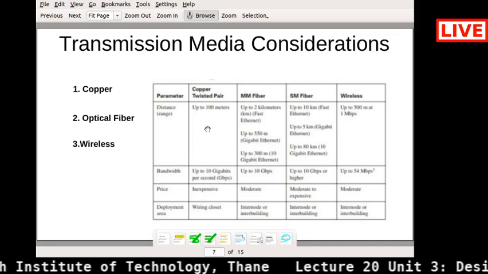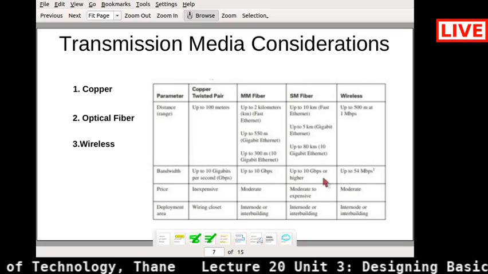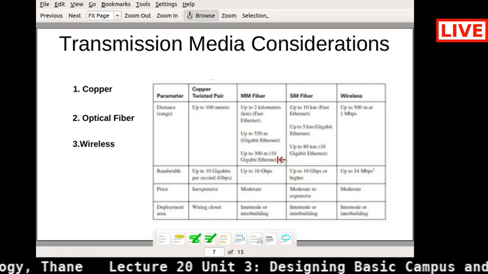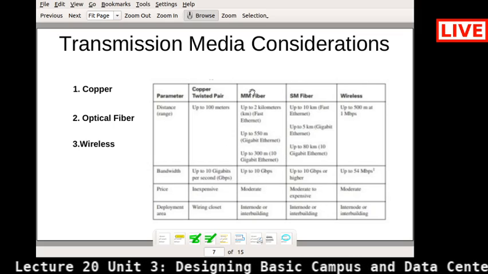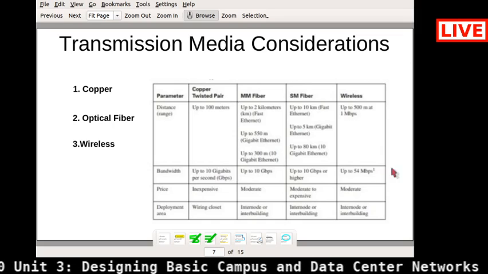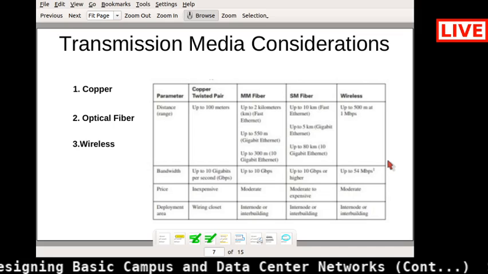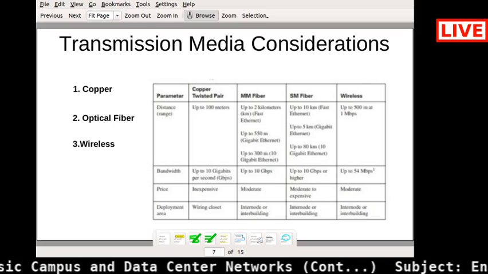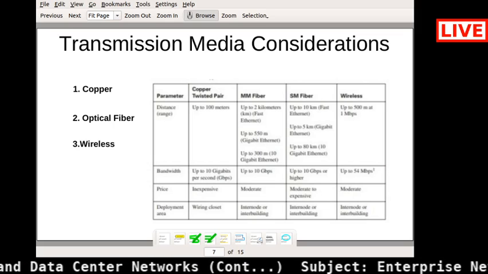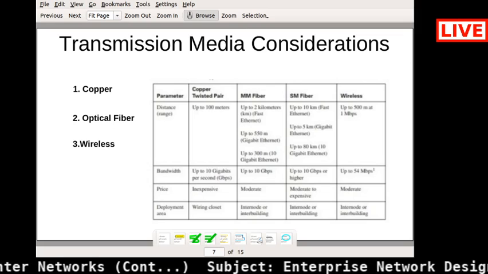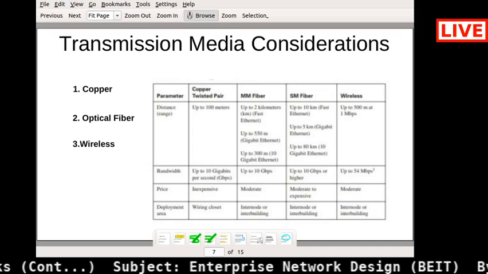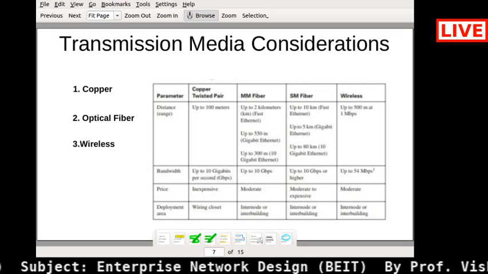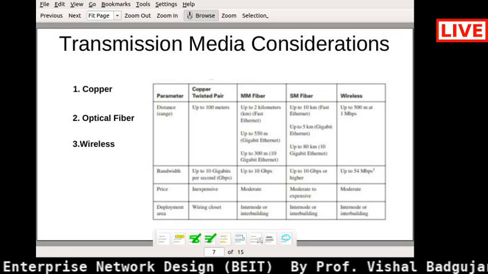If you see this transmission media comparison with respect to copper twisted pair, multi-mode fiber, single mode fiber, and the wireless one, there are some different parameters on which we compare these transmission media.